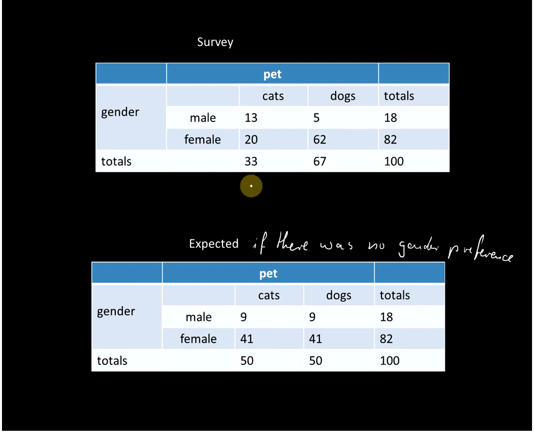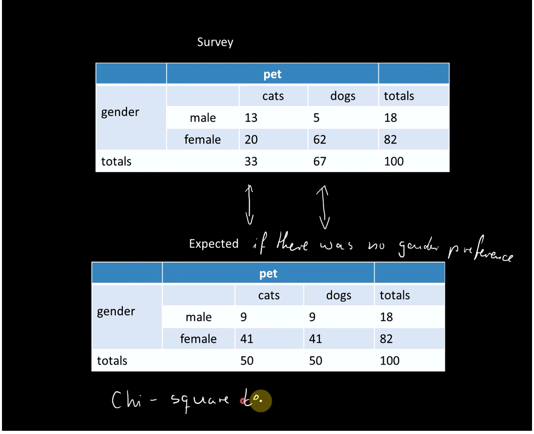So we now want to find out whether our survey data are similar to our expected data. And we can do this with a chi-square test. A chi-square test compares frequencies.